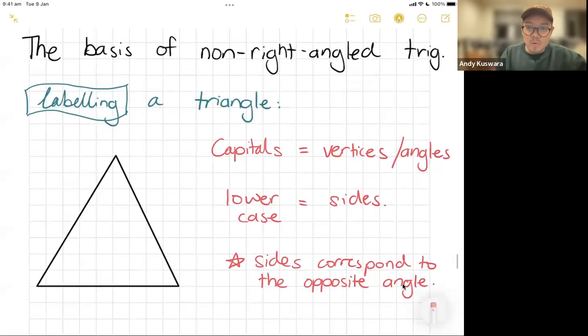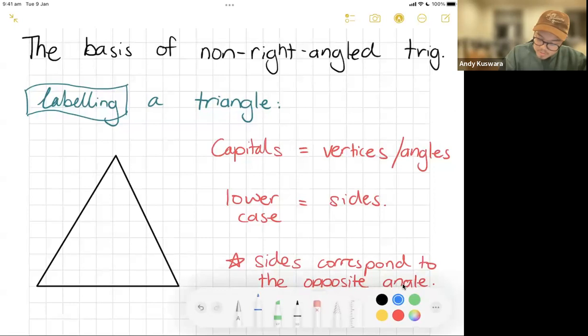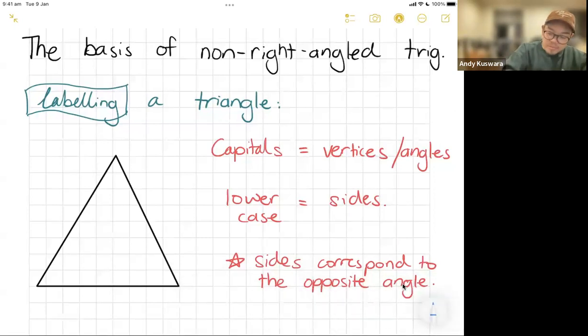Now the basis of all of this non-right angled trig is you've got to know how to label a triangle. We label it in a very specific way. First things first, your capitals become your vertices or your angles or your corners. So that's angle A, that's angle B, C. And then your lowercase is your sides.